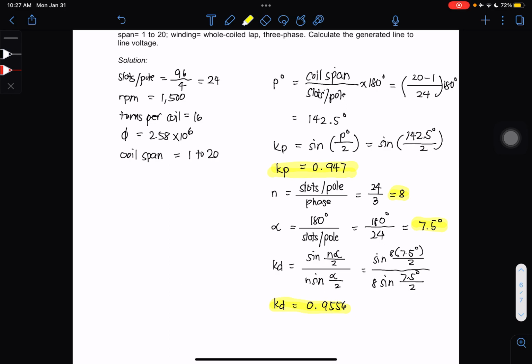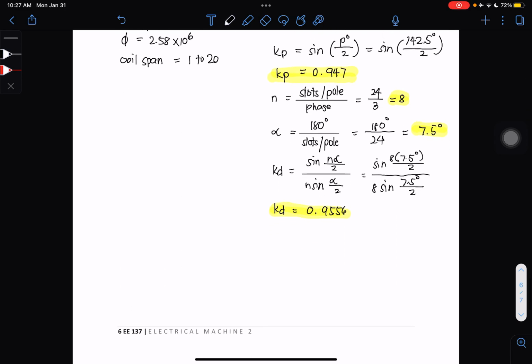And the unknown in the problem is the generated line voltage. We need to solve for our F since it was not given. So F is P N over 120, since RPM was given. So 4 times 1,500 divided by 120.